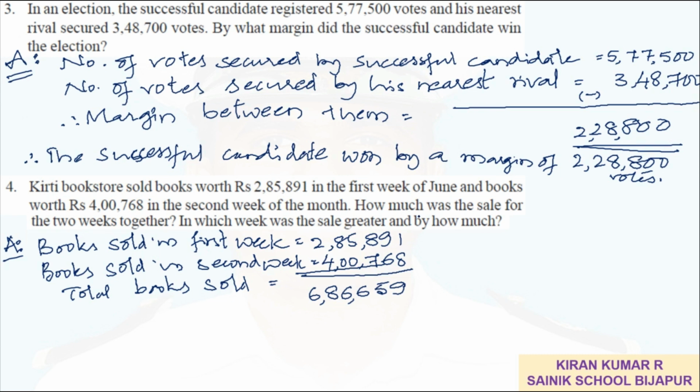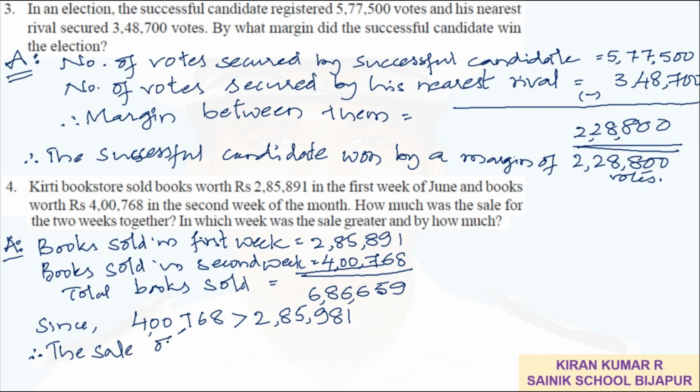Now the question is, in which week was the sale greater? Since 4,768 is a larger number than 2,85,981, I can say that the sale of second week was greater.